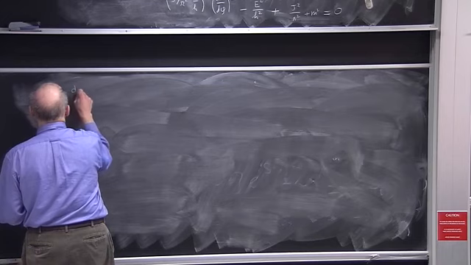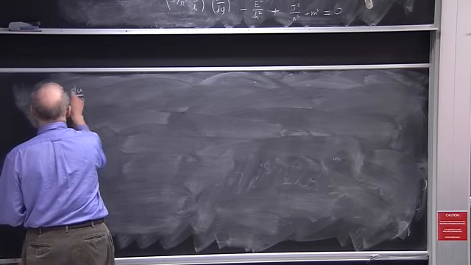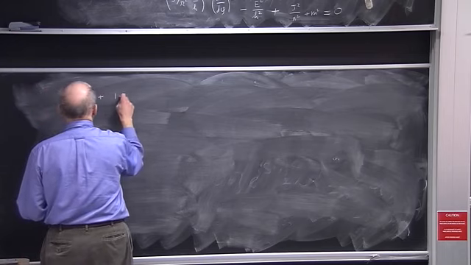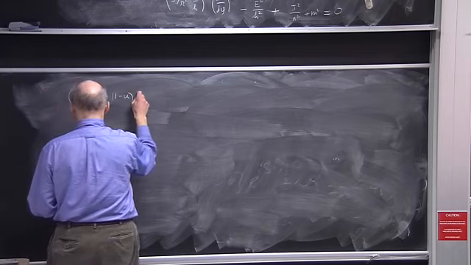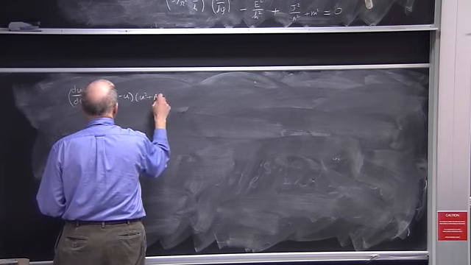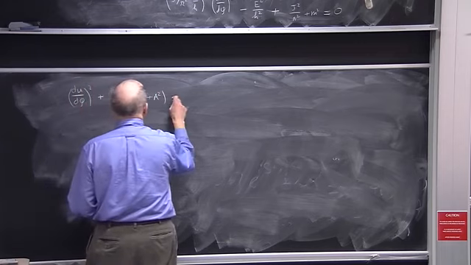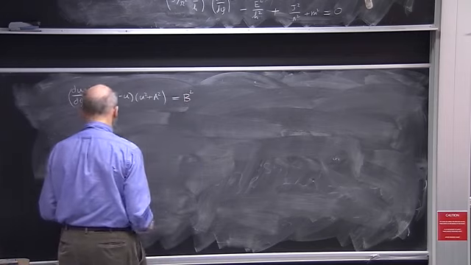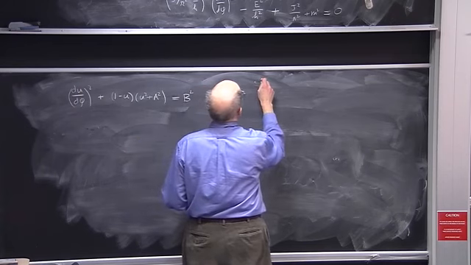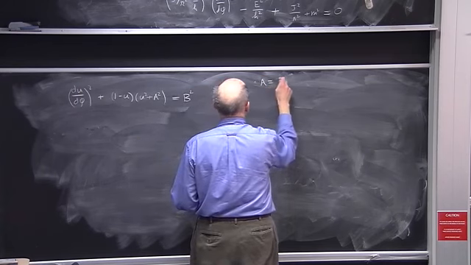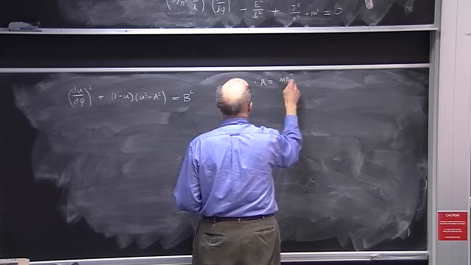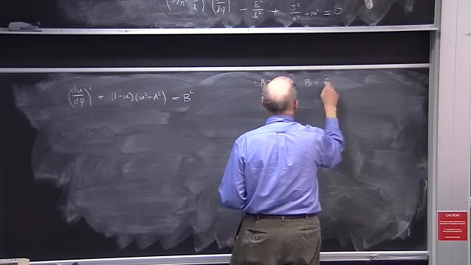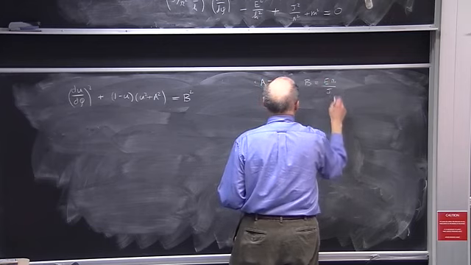So let's recall the equation we had: du d phi squared plus, I'll restore what was p of u, 1 minus u times u squared plus a squared equals b squared, where a was m r naught over j, and b was equal to e r naught over j.